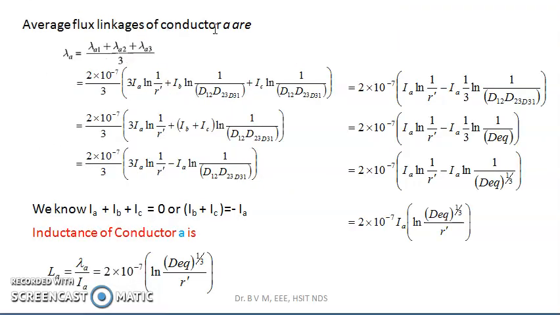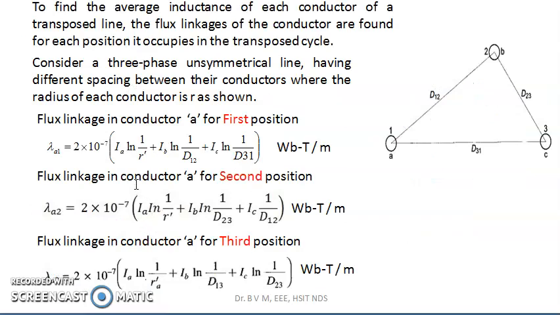Average flux linkages of conductor A: lambda A is equal to lambda A1 plus lambda A2 plus lambda A3 divided by 3. So 2 into 10 raised to minus 7 divided by 3. Here you can see IA log of 1 by R dash is the same, so add all three.